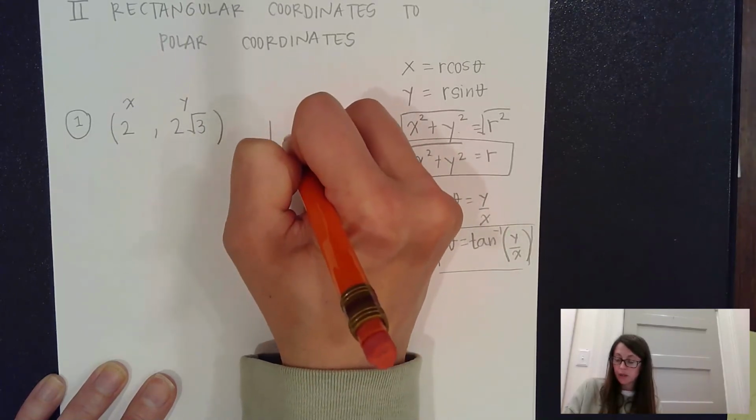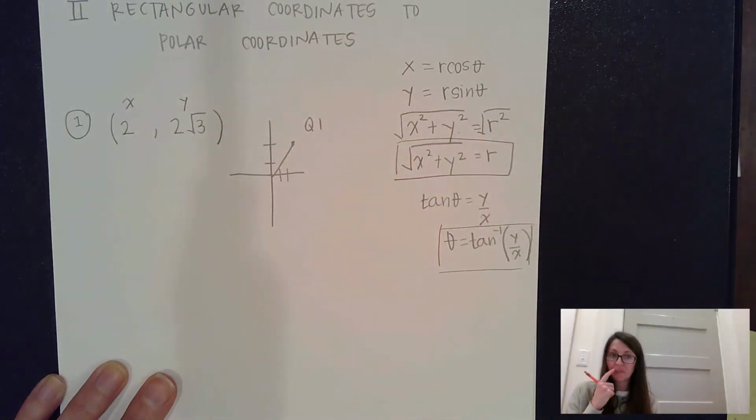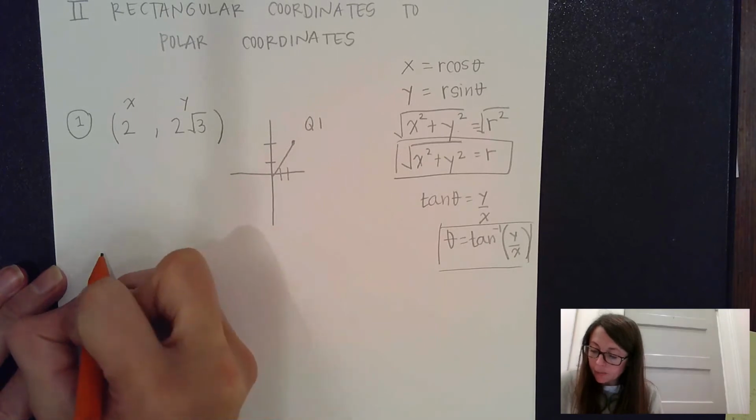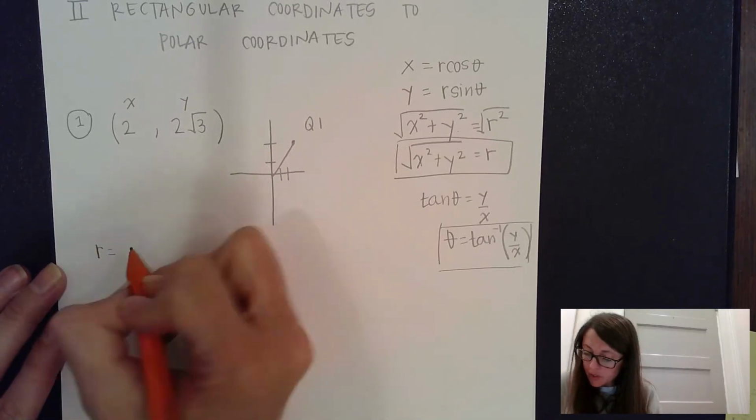It's going to be in the first quadrant, so it'll be in quadrant 1, right? Okay, so let's think about that always. All right, so if it's in quadrant 1 here, I need to find my r first.